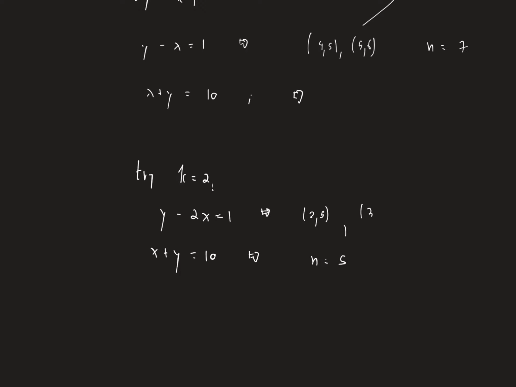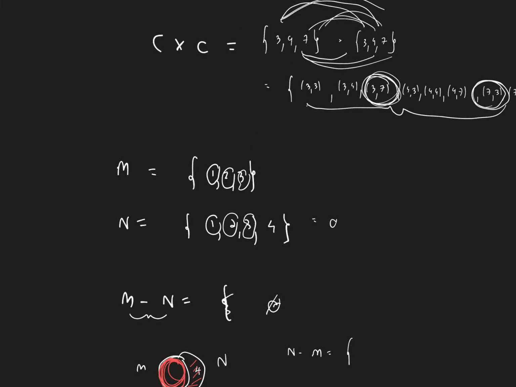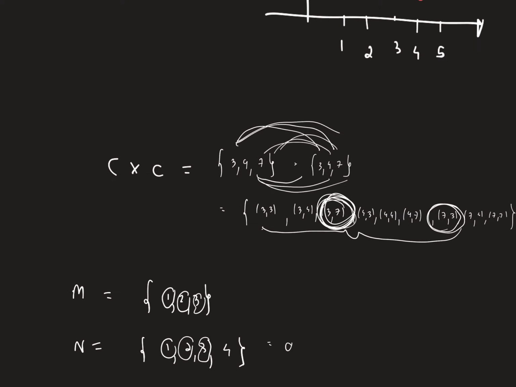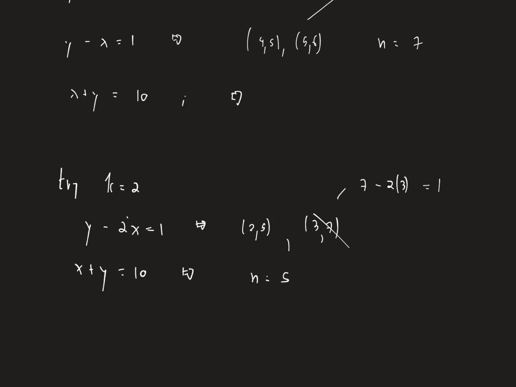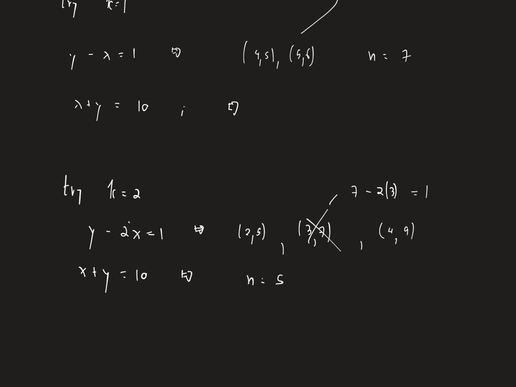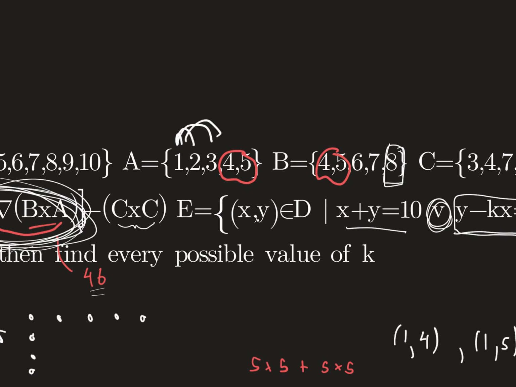Well, you might guess, how about 3 and 7? Because 7 minus 2 times 3 also equals 1. But as I told you before, 3 and 7 are in this case, and I already removed it, so it won't be found here. So if you try something else, like 4 and 9, well, you know that 9 is not in the sets because the highest possible value of B here is 8.